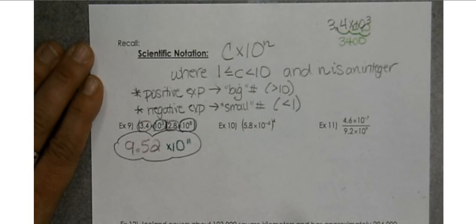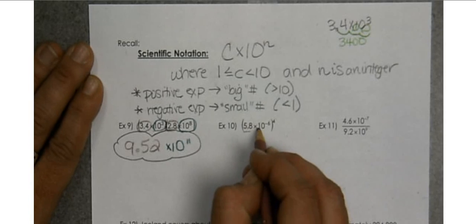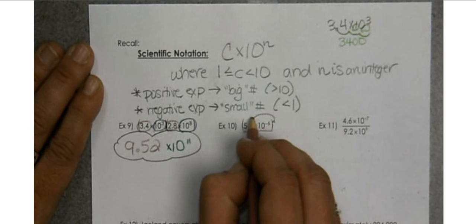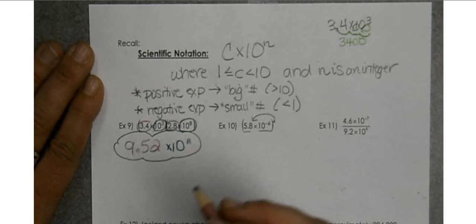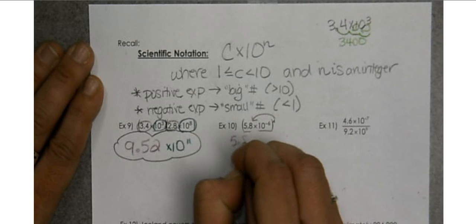Okay. In example 10, we can take this 5.8 times 10 to the negative 6 to the fourth, and realize that we have 2 separate bases here. So we would need to apply the 4 to the 5.8 by taking 5.8 to the 4th power.